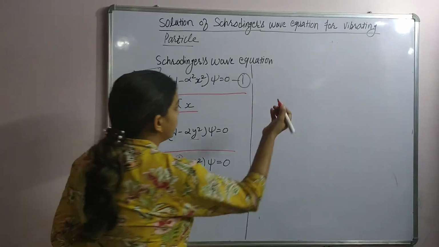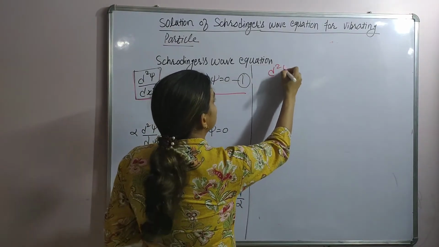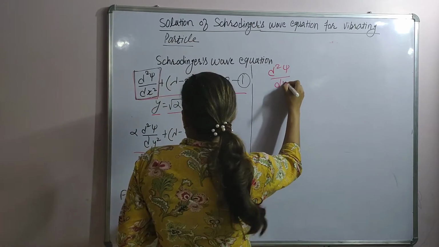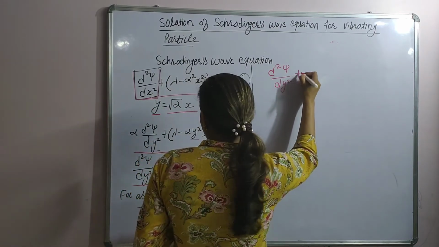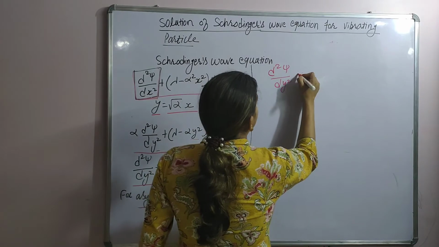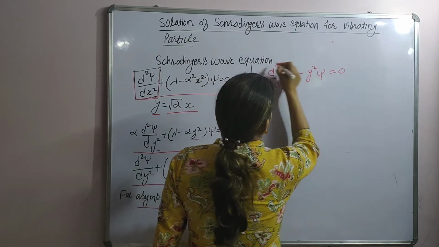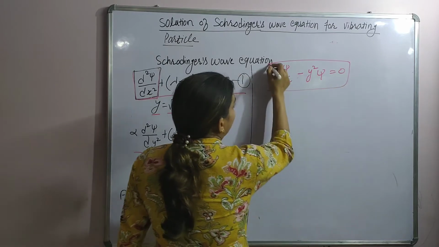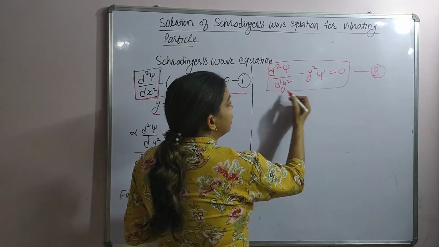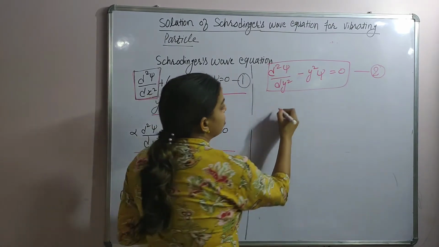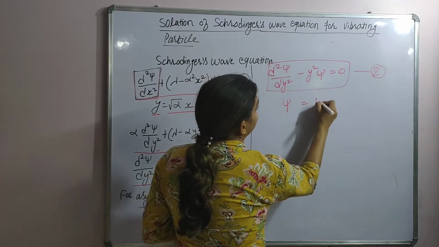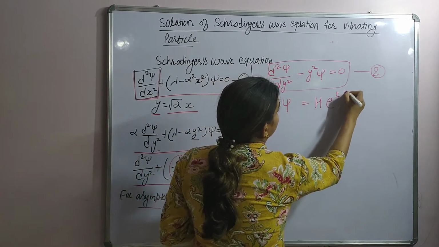Hence the further simplified equation remains d2 psi upon dy square minus y square psi is equal to 0. Now this equation is very simple, and this kind of expression has a solution like this.